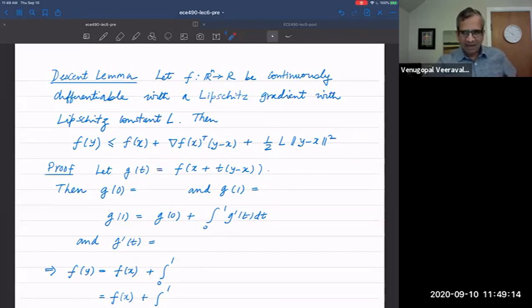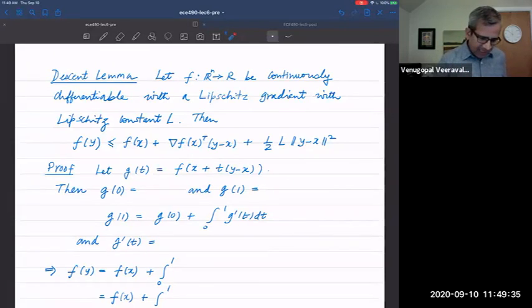What the descent lemma says is that if I have a function whose gradient is Lipschitz with Lipschitz constant L, then I have this upper bound on this function.